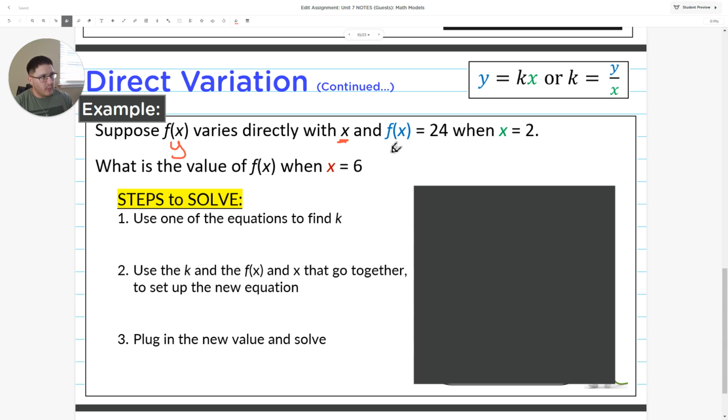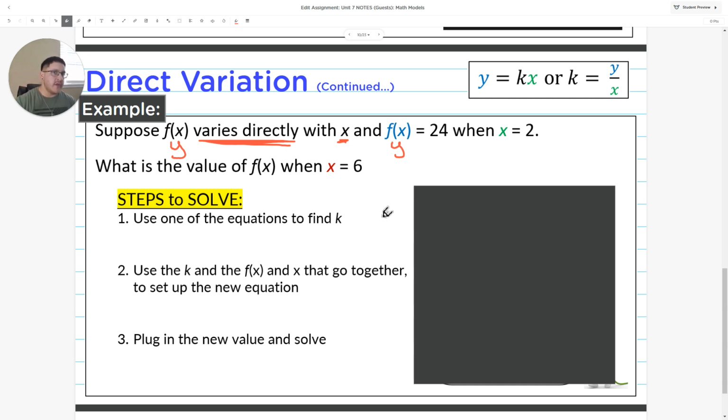And f of x is equal to 24 when x is equal to 2. What is the value of f of x when x equals 6? So, varies directly gives us a hint on how we're going to solve this problem. It implies that we're going to be using direct variation.